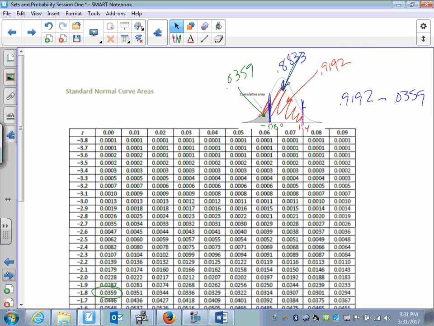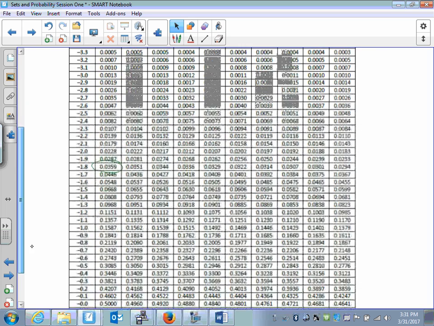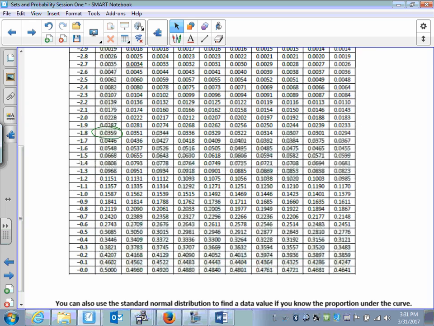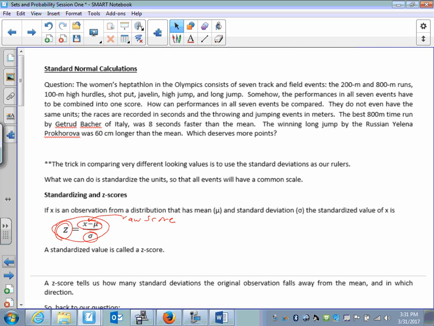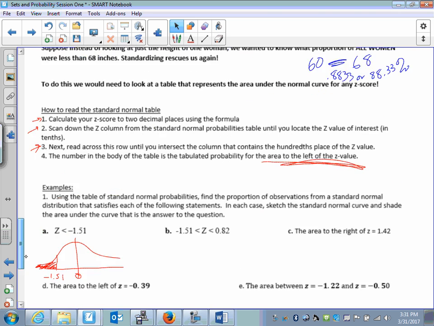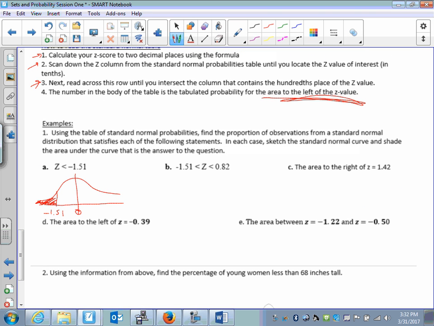So when we go over here, here's -1.5, and then we go over to -1.51, we get 0.0655. So the answer to this is this region right here, 0.0655.